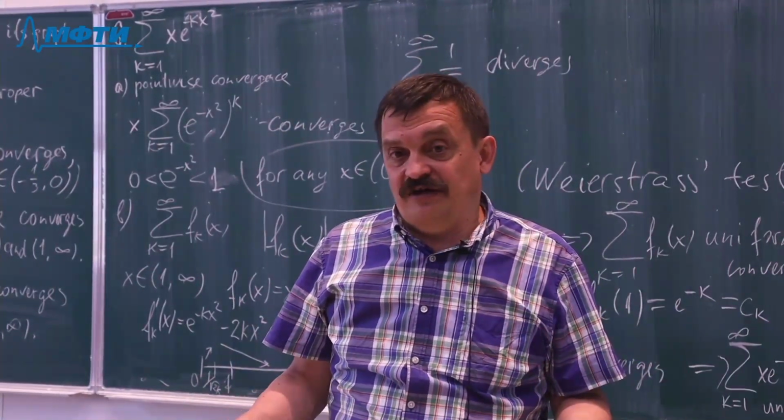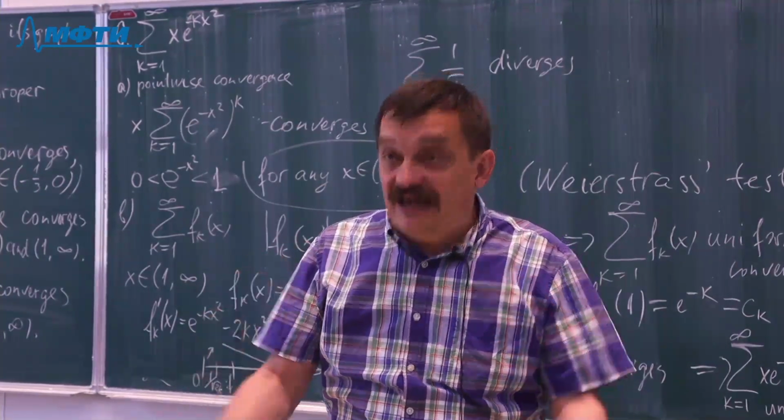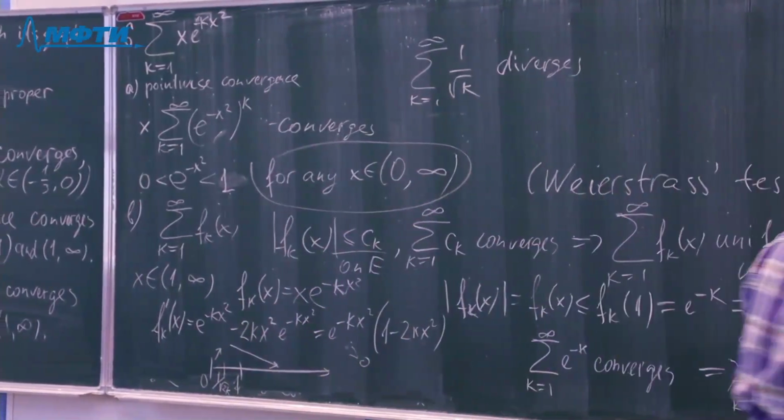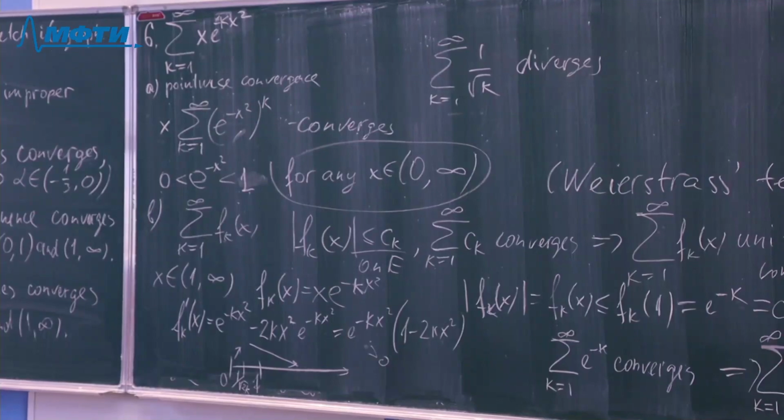And how to prove divergence? There is the Cauchy criterion. So we use the opposite of the Cauchy criterion.